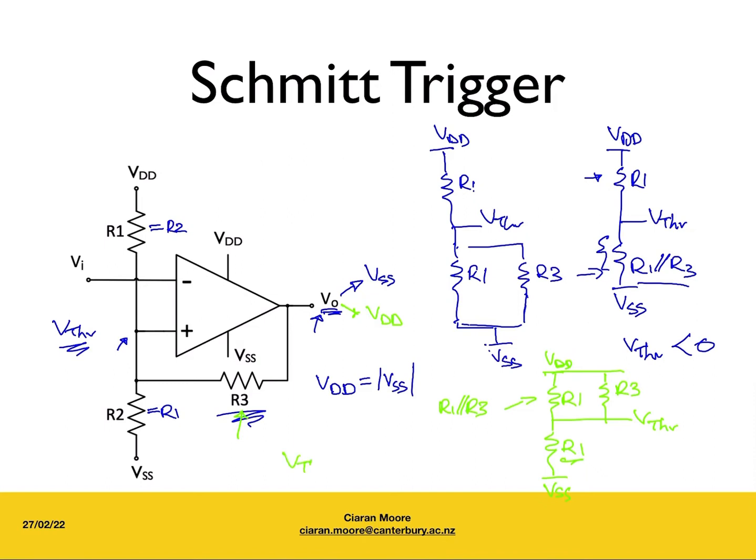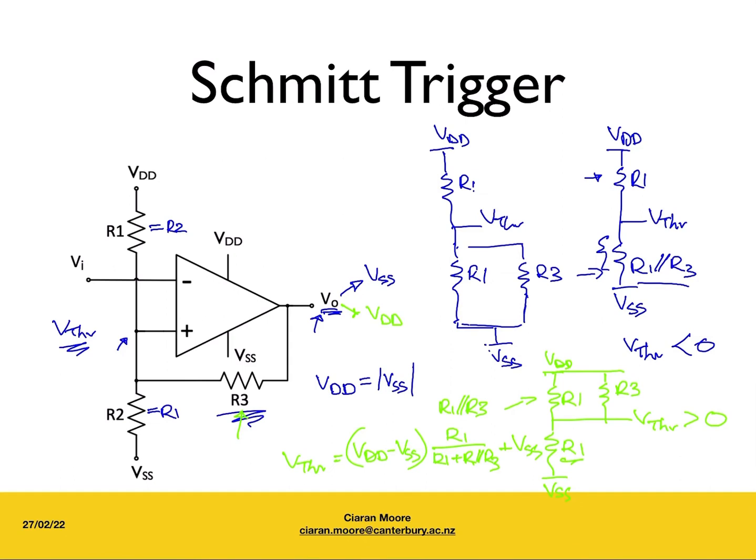Our threshold voltage will be VDD minus VSS times a resistance which is more than half of R1 plus R1 parallel R3, and then of course we add the VSS term at the end. The point of all of this is that our threshold voltage VTHR is going to come out to be larger than 0. It's going to be a positive number.